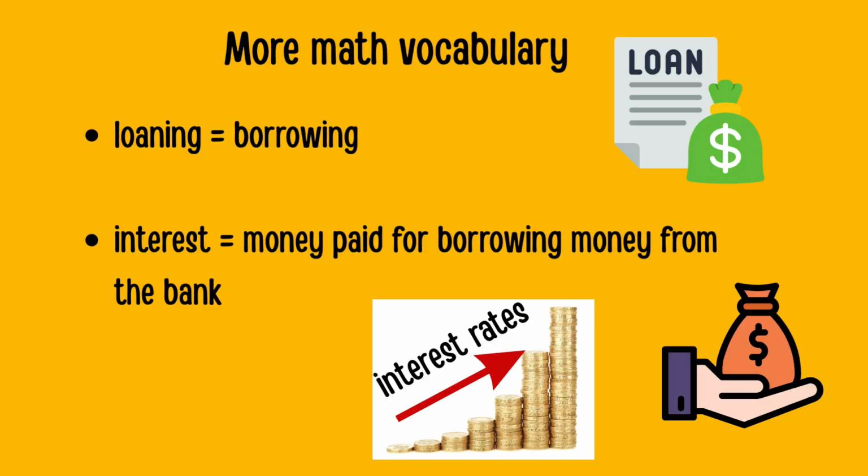A couple more vocabulary words include loans or loaning, which is the same as borrowing money, and interest, which is money that is paid for borrowing money from the bank. For example, if you borrow money, the interest will be added to the amount that you owe the bank.